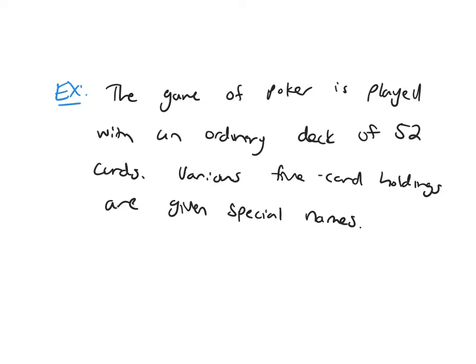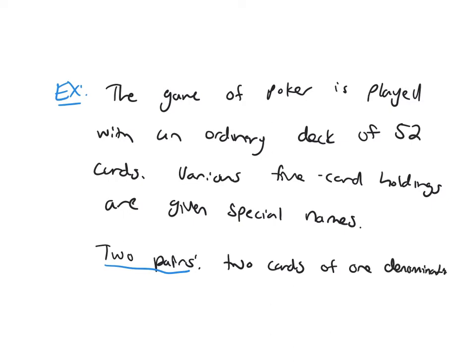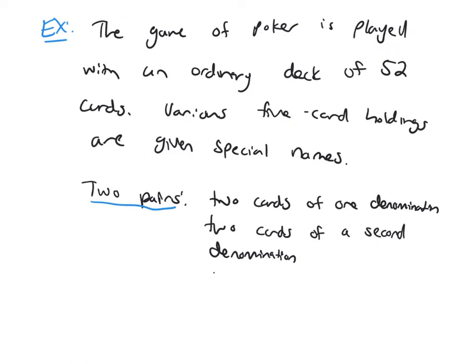if they have a special type of hand, it's given a special name. So for example, the one we're going to talk about, 2 pairs. So we would say someone has 2 pairs if they have 2 cards of one denomination, 2 cards of a second denomination, and a 5th card of a third denomination.